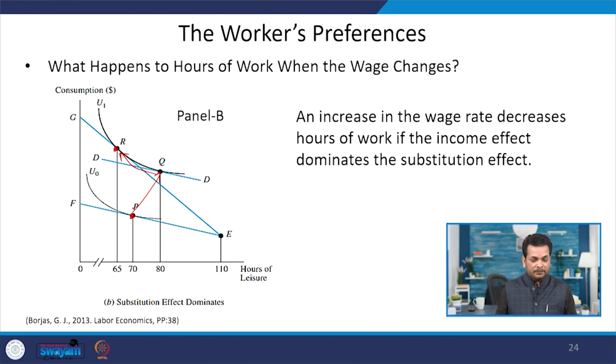Now, after the increase in the wage rate from 10 to 20, he moves from P to R. This happens through point Q. So, moving from point P to Q is the income effect. In this case, the income effect increases the leisure hours by 10 hours.